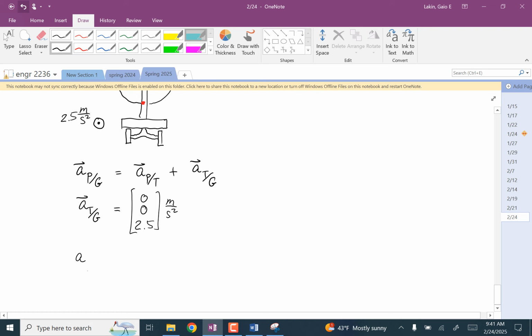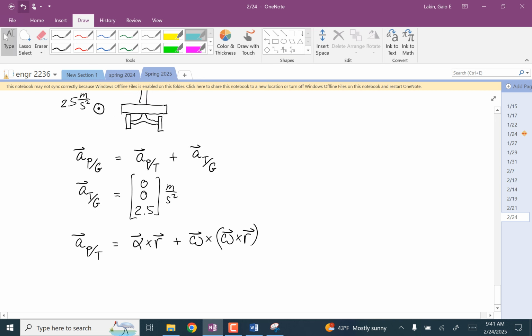The acceleration of the person relative to the train car, this is just circular motion. Alpha is 0.